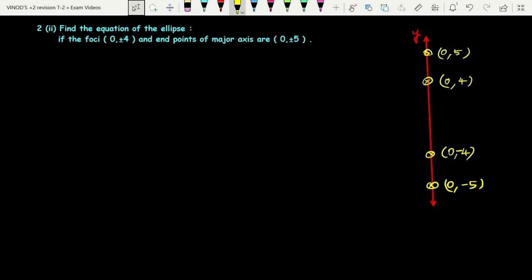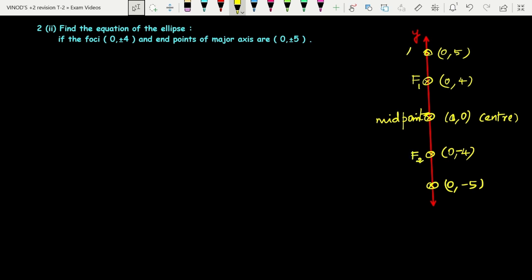Now, because the foci lie on the y-axis, the midpoint will be the origin. Add the coordinates and divide by 2, you will get the midpoint. Midpoint is (0, 0), so the center of the ellipse is (0, 0). The foci are (0, 4) and (0, -4).